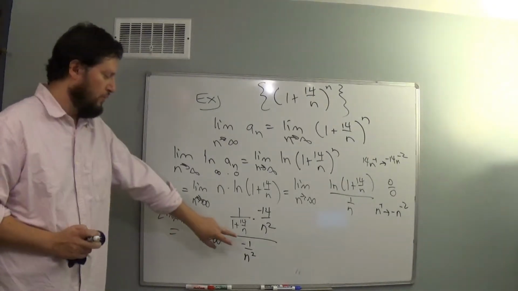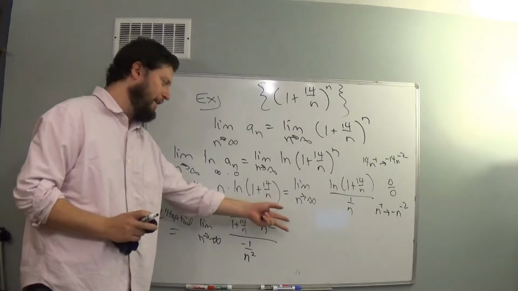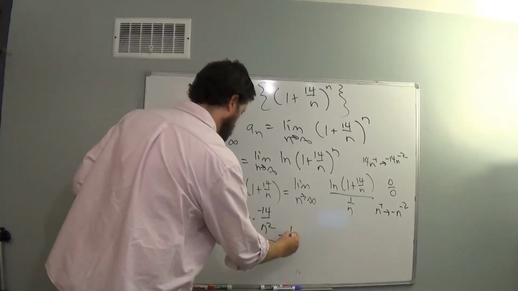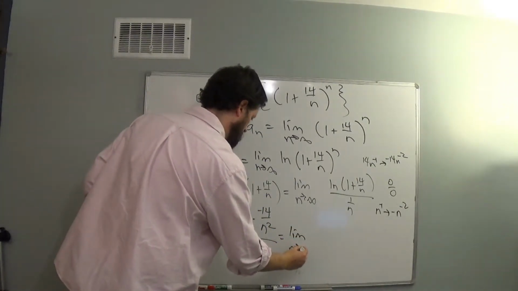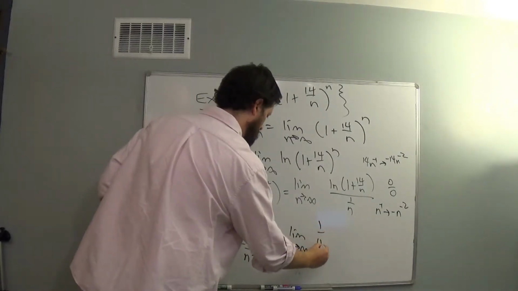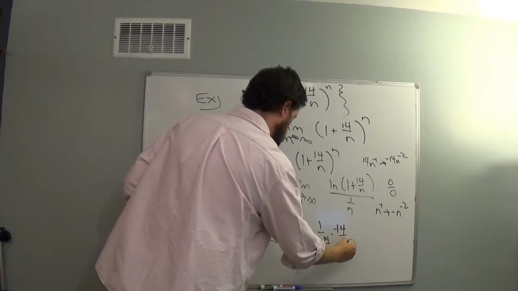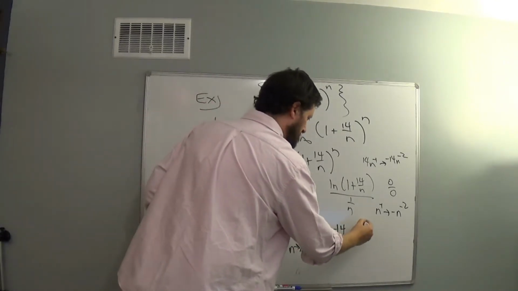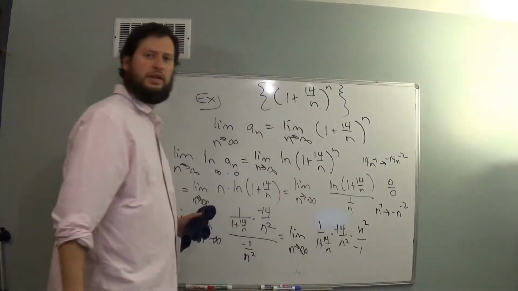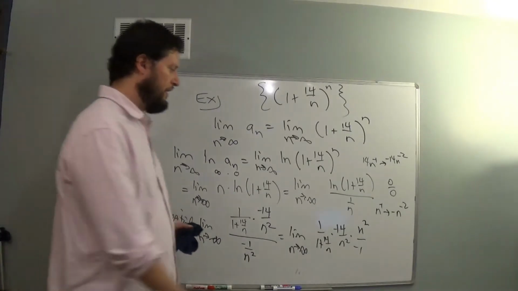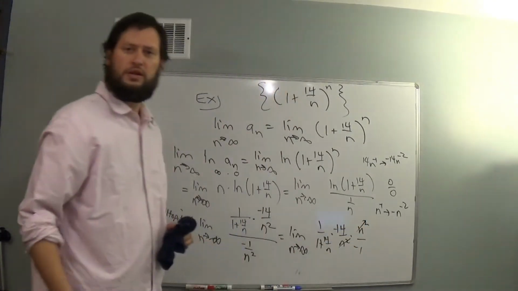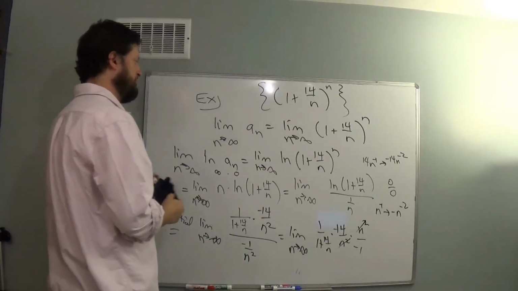At this point, we can bring the negative 1 over n squared back up by multiplying by the reciprocal. So that'll be now n squared over negative 1. Simplifying what we have, the n squareds will cancel, the negatives will cancel.